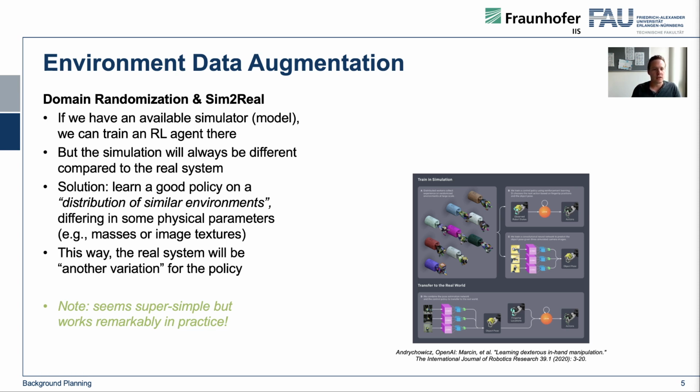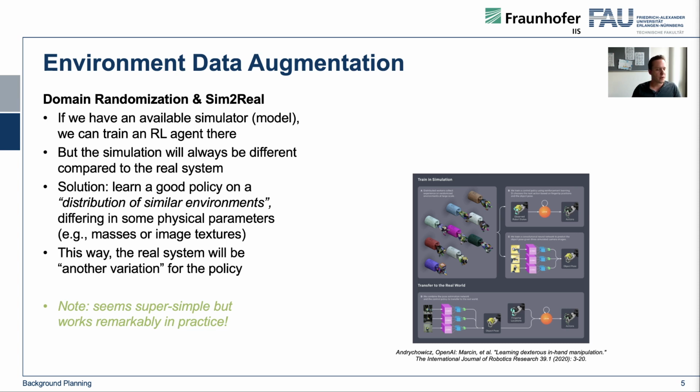A great solution to actually improve your reinforcement learning agent that has been working with the model is to learn on a distribution of similar environments. So you can modify or change physical parameters.